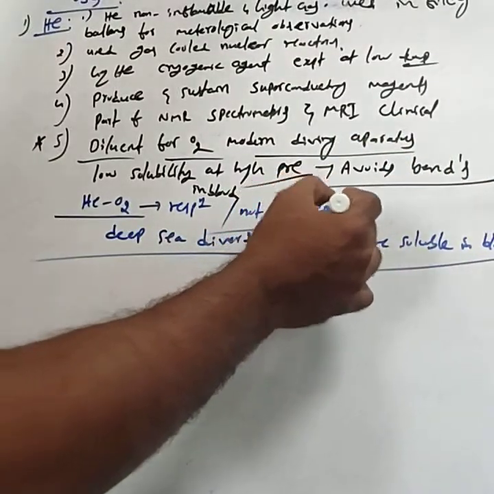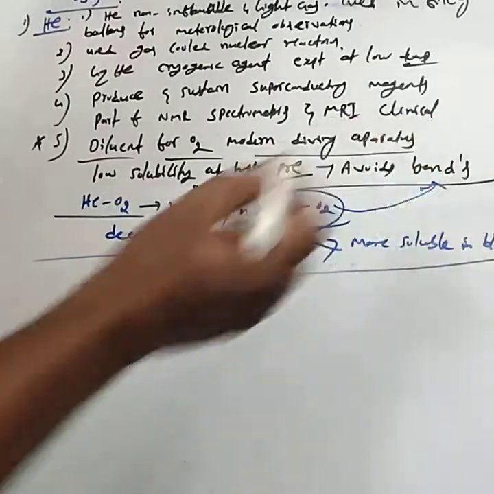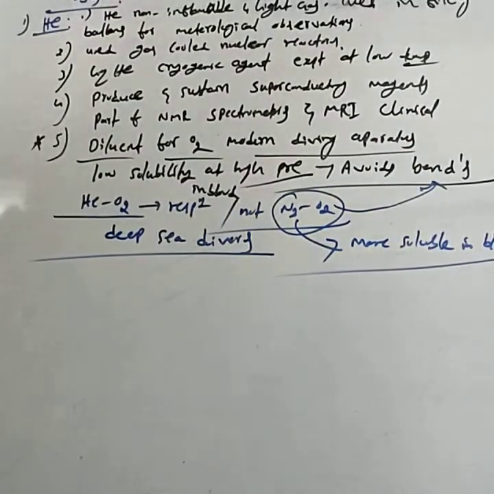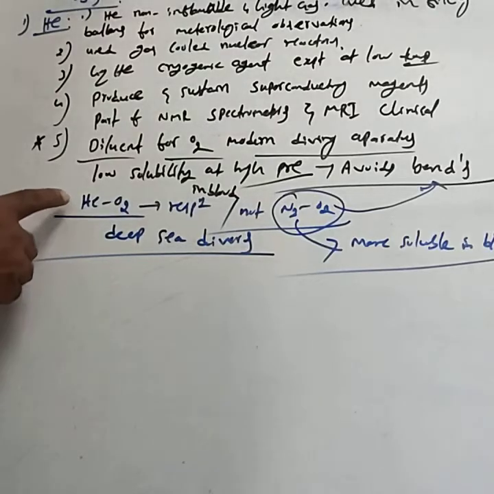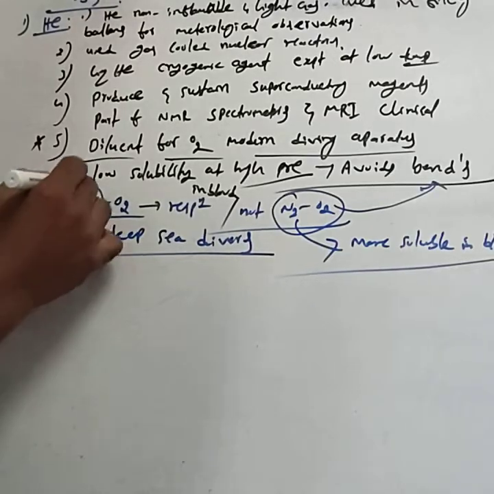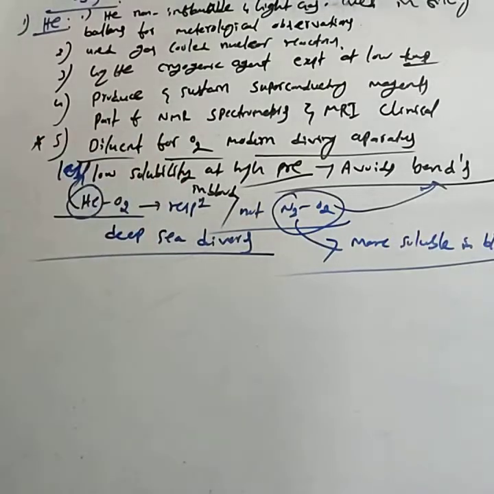If they use a nitrogen oxygen mixture, deep sea divers suffer from the Bend's disease. Bend's disease is nothing but severe pain in the body. To avoid it, they use the helium oxygen mixture because helium has very low solubility under high pressure.